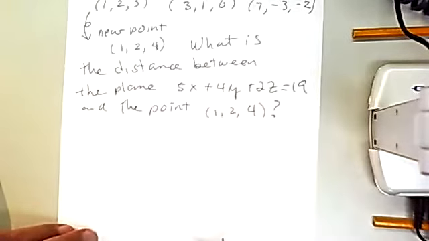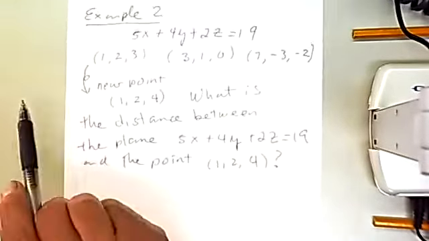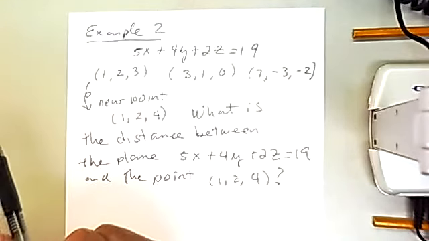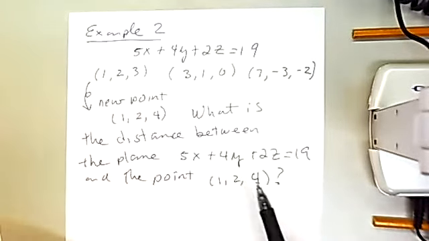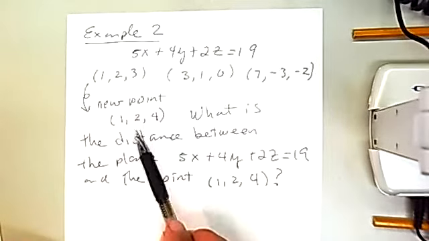Now, we may be thinking at first, but after thinking about this, we realize that it is naive to think that the distance is 1 unit, because all we did is move the point 1 unit up.